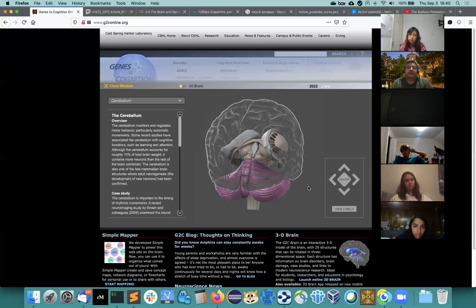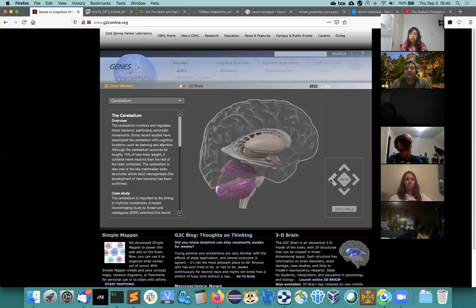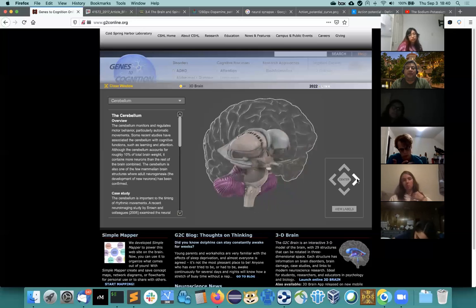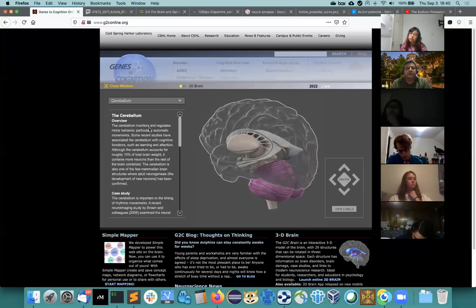We think it's critically involved in learning and memory. It's also probably involved in our perception, the way we perceive things like vision and hearing. So it turns out the cerebellum probably does quite a lot. We're just now learning more and more about it. So that's your cerebellum.